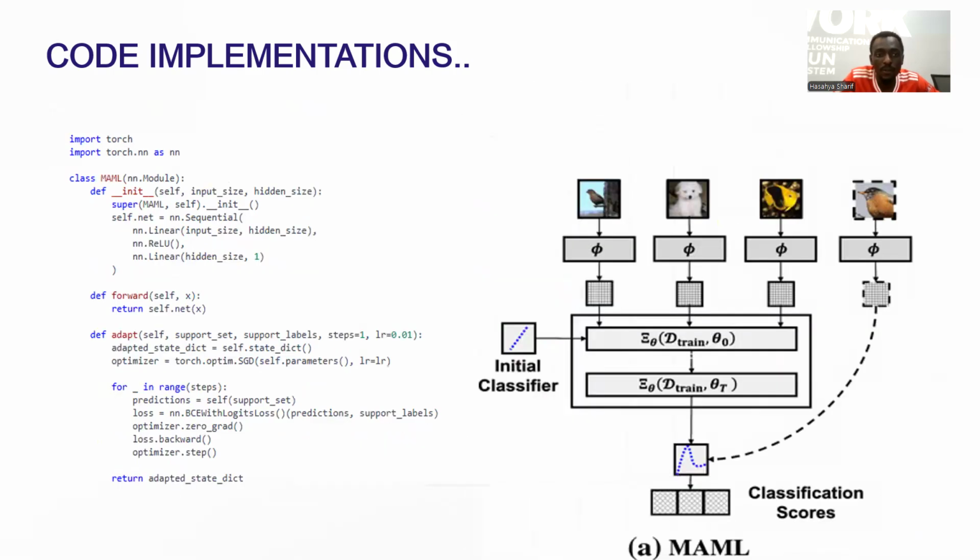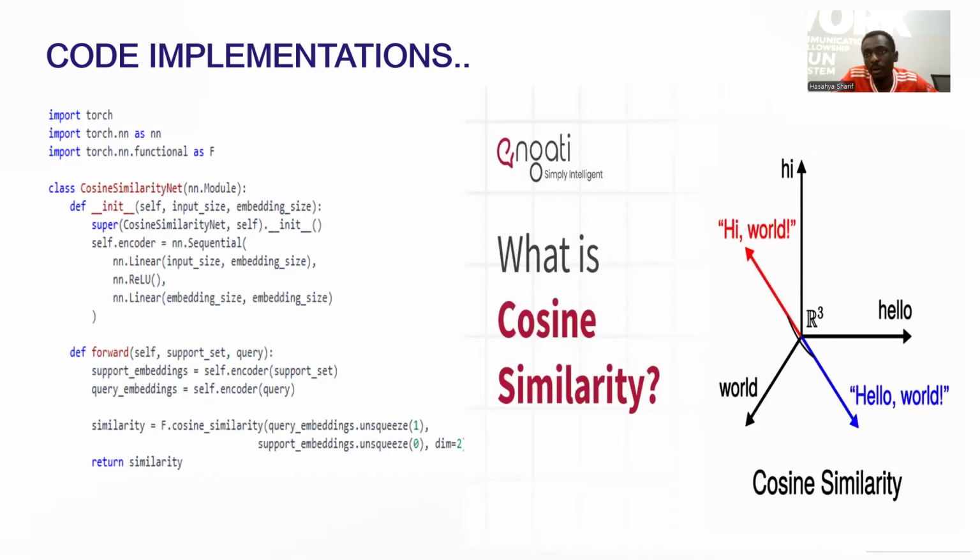And then, back here, remember we said that here we are categorizing each of our test features. So that's why we first encode the support and the query samples. Then we get the similarity between these two pairs, for instance, hi world and hello world.